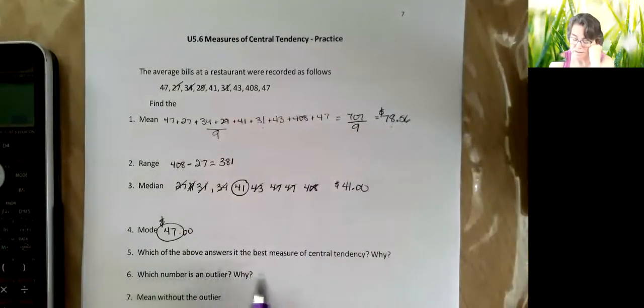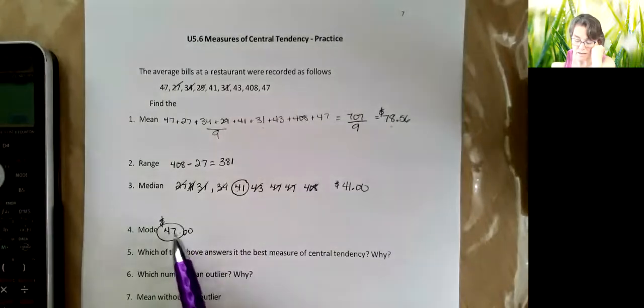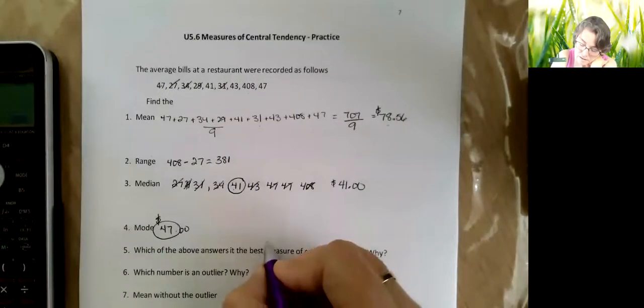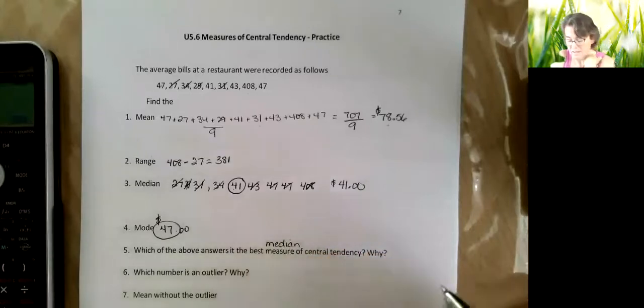Which of the above answers is the best measure of central tendency? Well, you know what? I would say median, you could argue mode. Why?